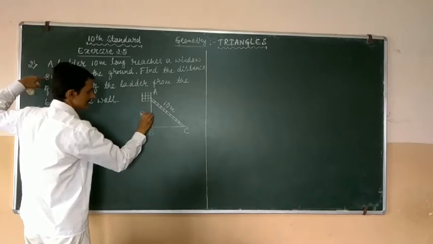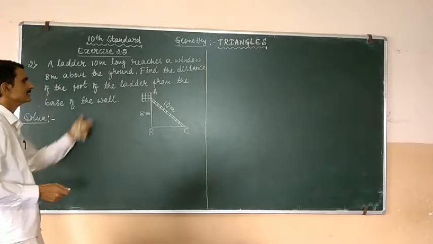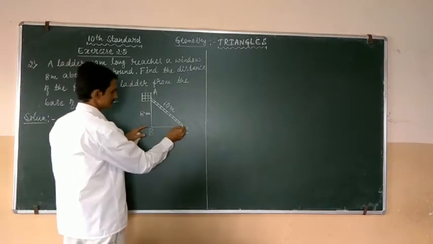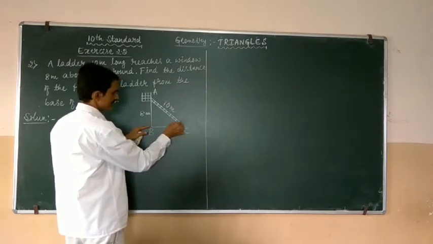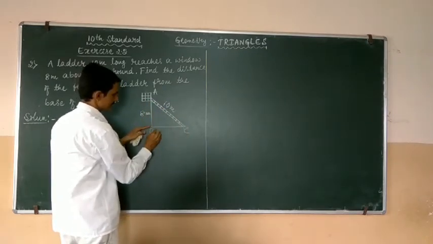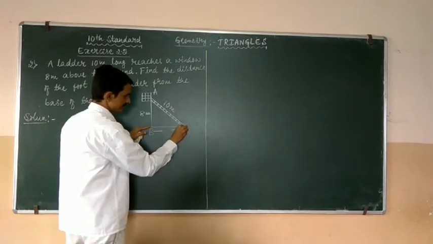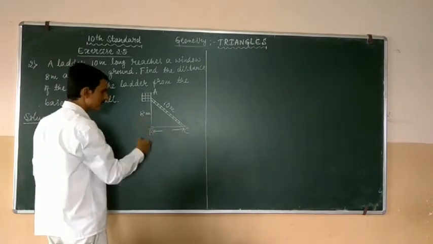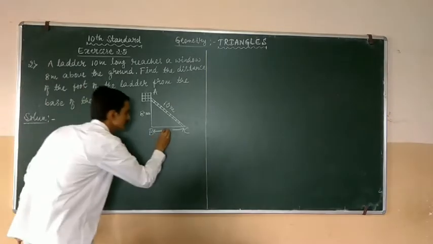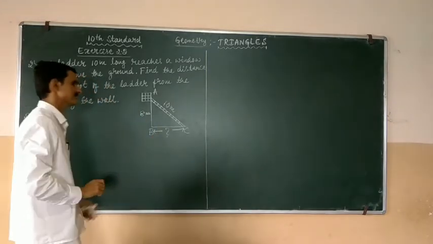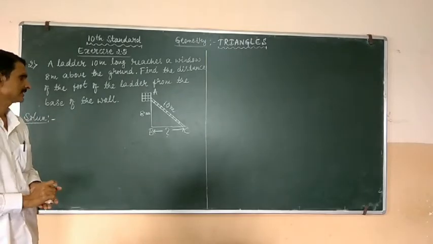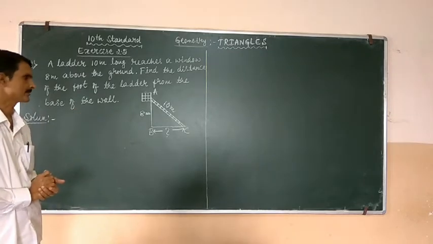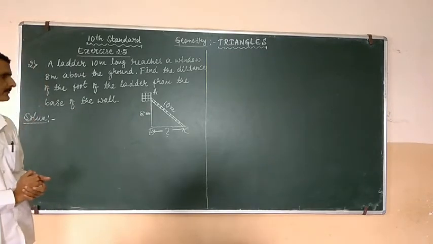We have to find out the distance of the foot of the ladder from the base of the wall. This is the foot of the ladder. The length BC is the distance of the foot of the ladder from the wall. The length of BC we want to calculate. If you observe this figure, it is very easy to simplify this problem by using the Pythagoras theorem.